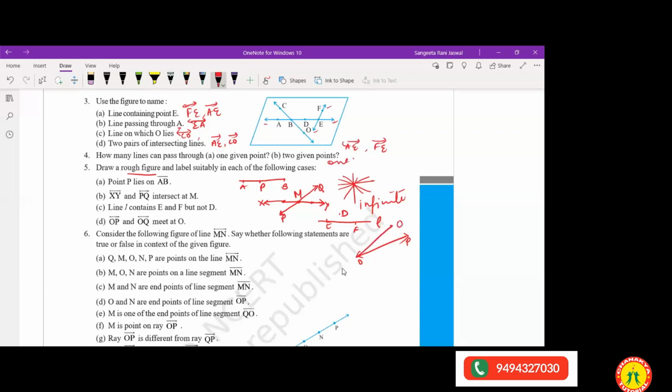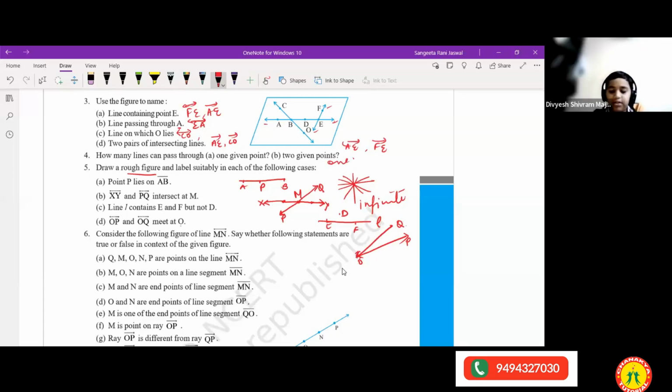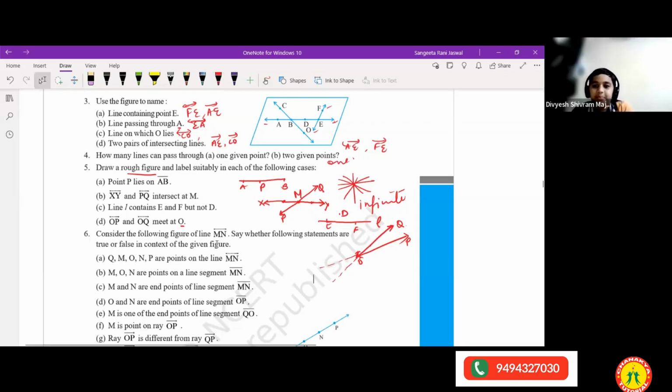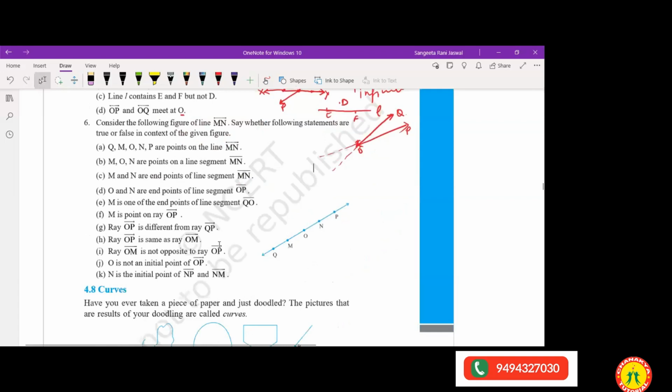Okay, so no need of arrow here, because these two lines are meeting at one point and the vertex is O. So these two lines are making an angle here. Line OP and line OQ meet at point O. Otherwise, you can extend it like this, but no matter. Since this is a line, we can extend it on both sides. But never mind, OQ is the other line.